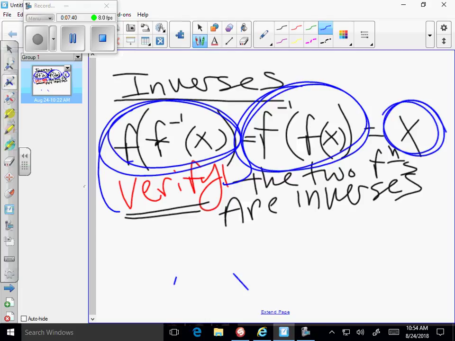When they give us the two functions and ask us to verify, it should always equal X. Okay? Any other questions so far?